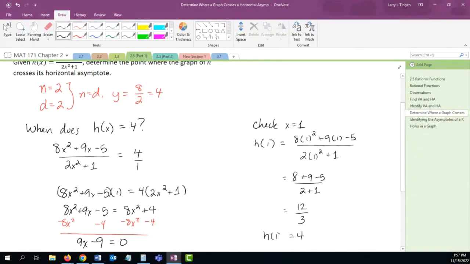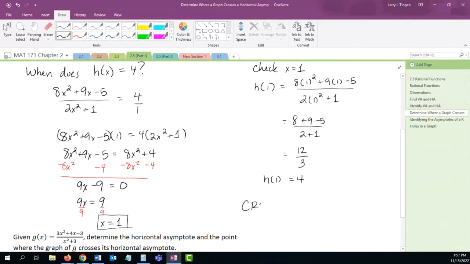So that equals 4. So where do I cross? At the point (1, 4).